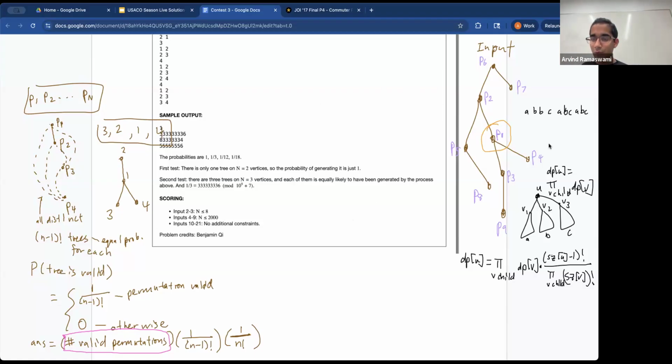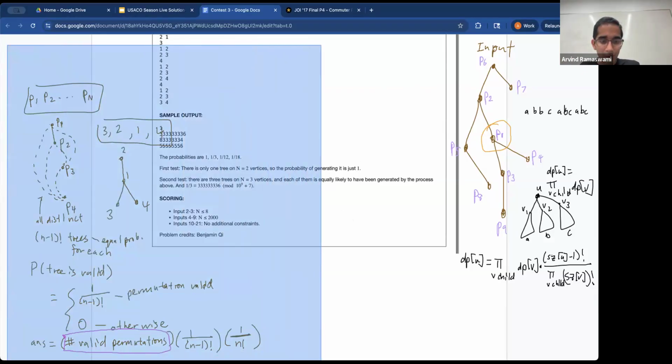The solution to the full task is based on this idea, but you have to solve for all roots. Informally, it's probably commonly referred to as rerouting. I'll go over the solution for that.